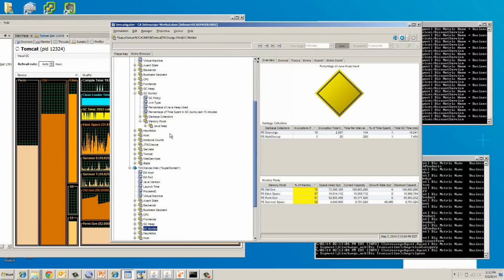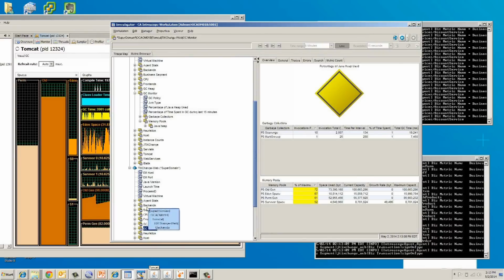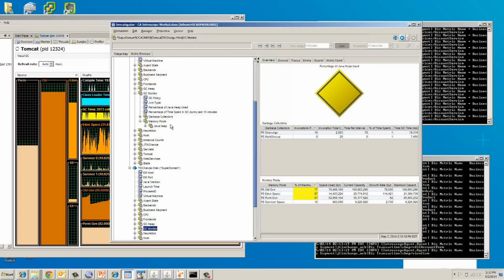I don't have the memory pools that I had before, like for instance, when I'm running my Sun Oracle JVM, I had the generation configuration, Eden, Old, and Perm. When I run IBM's, the out of the box configuration doesn't give me this configuration of memory pools. You can see that I have a single Java heap in here.